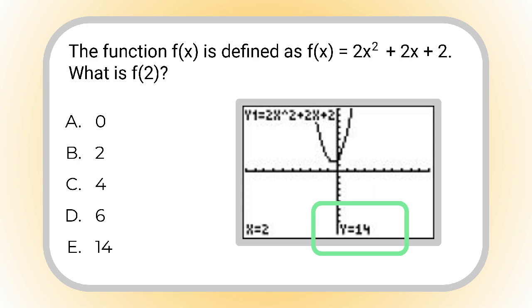We put in x is equal to 2, and it gives us 14 as our answer. So sure enough, if we have 14 as our answer, we could just choose letter E, and we would be totally correct. We would get the question right, and we could keep on moving to our next question, knowing we've got one question in the bank for sure.